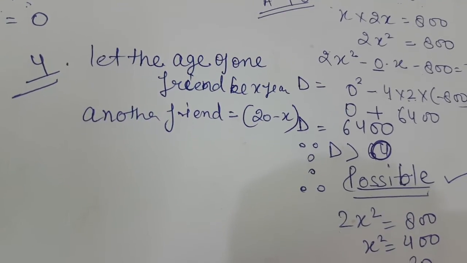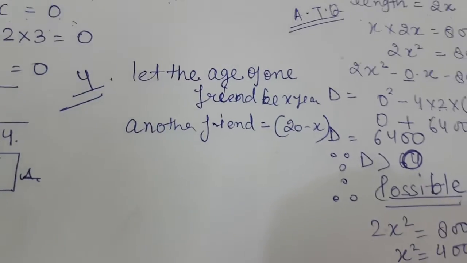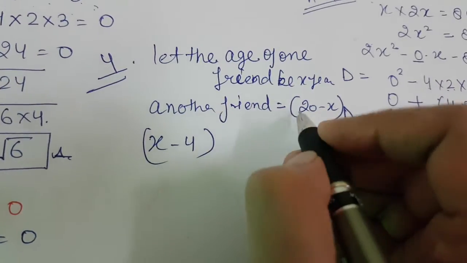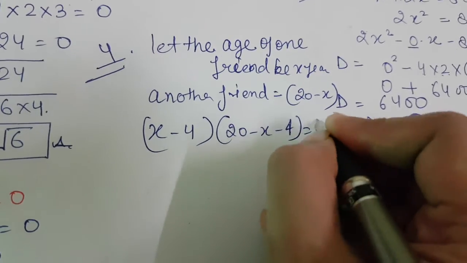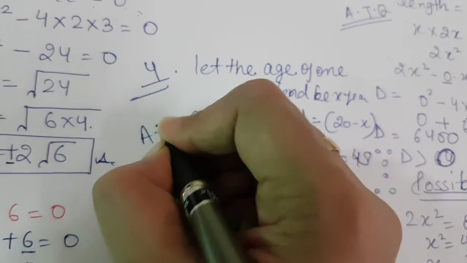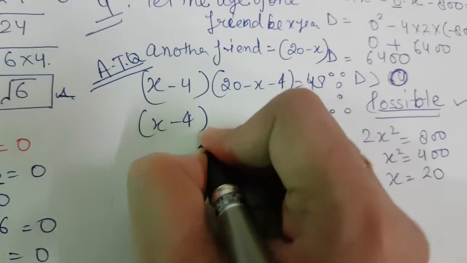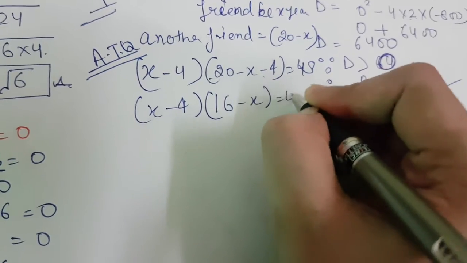4 years ago the product of their ages in years was 48. 4 years ago means x minus 4, and 20 minus x minus 4, equal to 48. This is according to the question. So first form the equation: x minus 4 and 16 minus x.